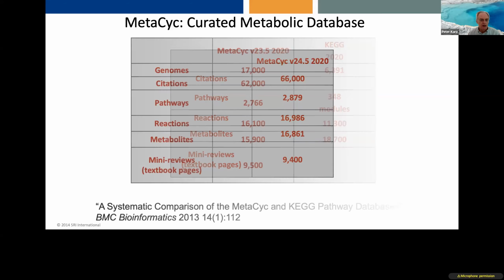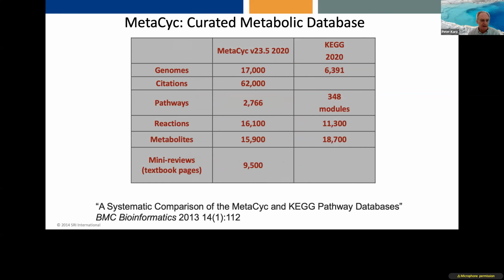And I'll compare Metacyc to KEGG. The first line is actually comparing BioCyc to KEGG. The number of genomes, number of organisms is about 3 times larger in BioCyc. This is from an earlier version of Metacyc, which is why the numbers differ a little from the previous page. KEGG contains very few literature citations, whereas Metacyc contains 62,000.